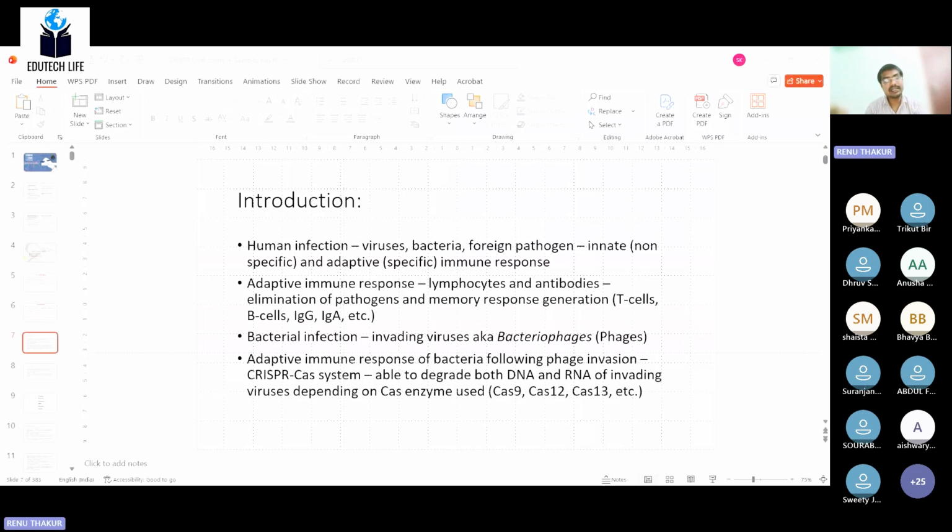And what is adaptive immunity? Adaptive immune mechanism is the immunity that we get through the first exposure to the antigen.